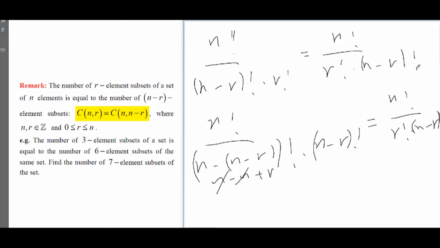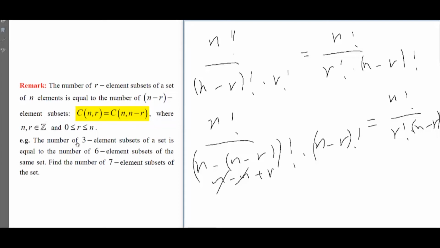Both sides are equal to each other. So we can say that the number of r element subsets of a set with n elements is equal to the number of n minus r element subsets of a set with n elements.